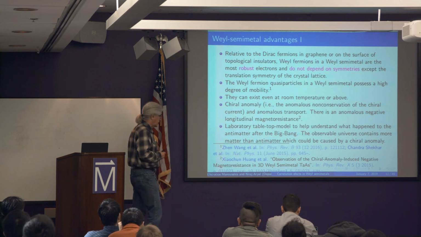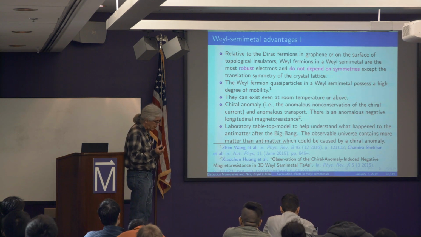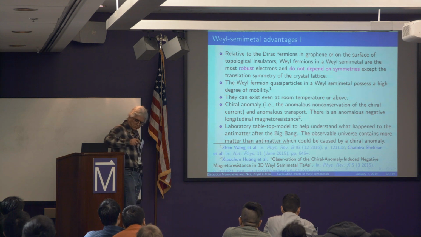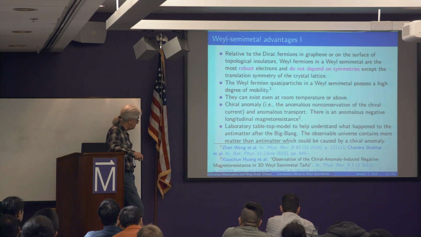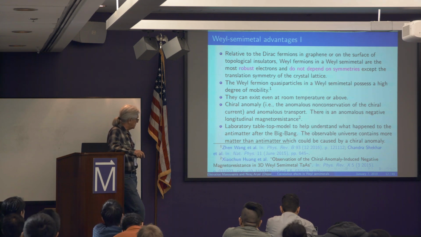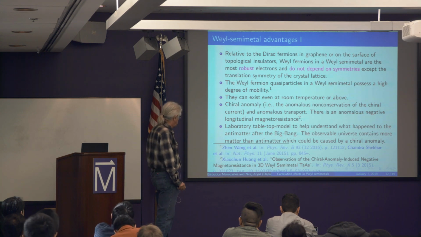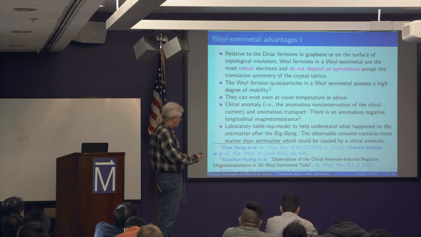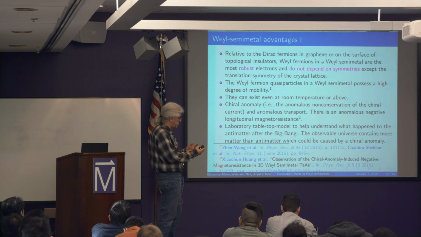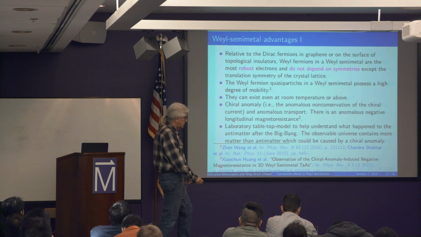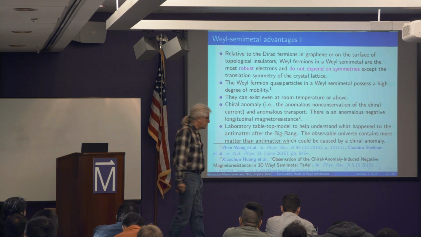Again, this is something that was very important in field theory, and it was Adler and Jackiw, and then they discussed this in terms of this triangular loop coming in pion decays. And another reason why it might be interesting is because these materials could be a tabletop model to understand early universe anomalies.